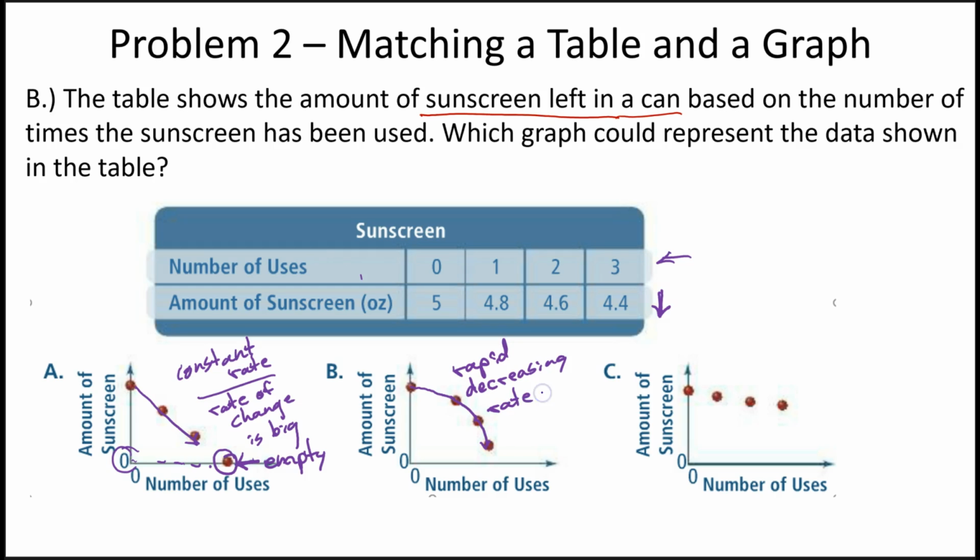The amount used every time is getting larger and larger and larger. Rapid decreasing rate of change. And then the next one looks to be constant again. Constant rate, and it's a very small rate.